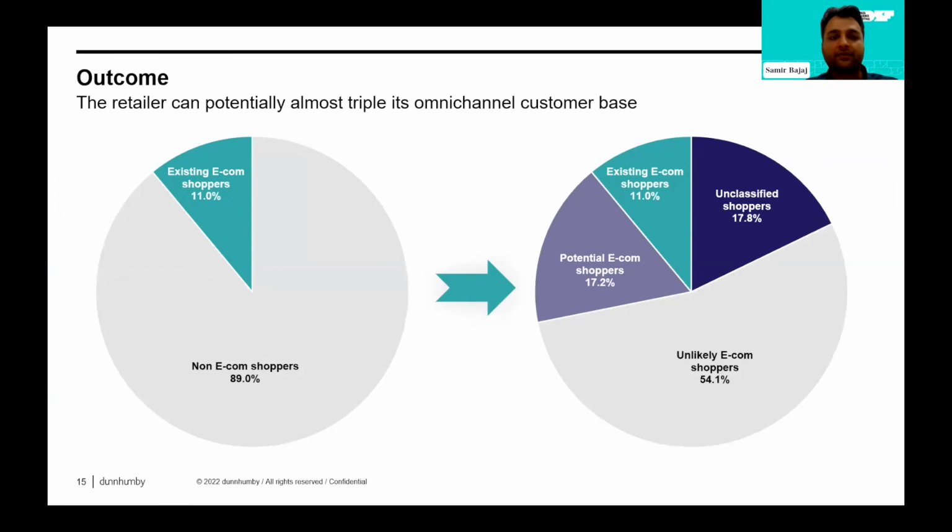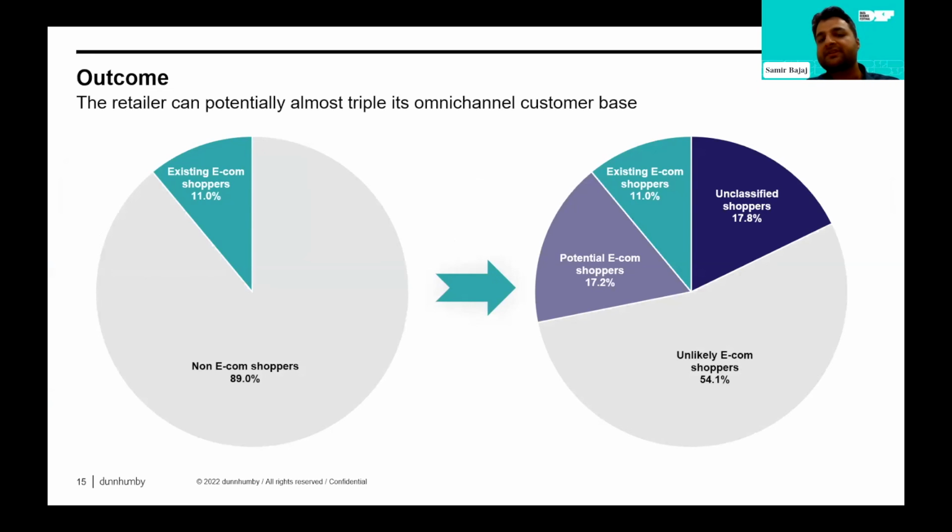Finally, the outcome was that at the start, 11% of the shoppers were existing e-commerce shoppers and remaining were non-e-commerce shoppers. And among these non-e-commerce shoppers, we were able to identify a further 17% as potential.